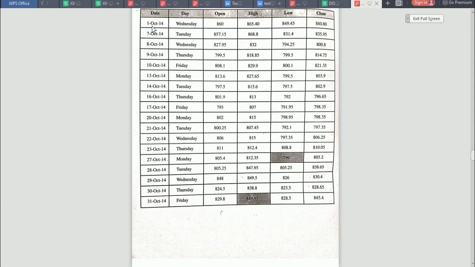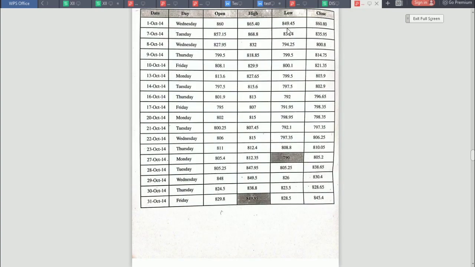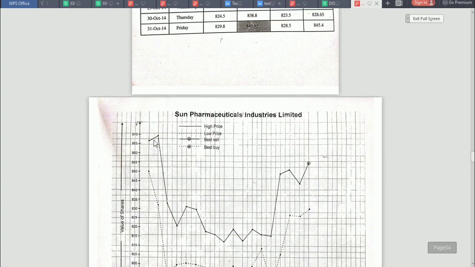So on 1st of October the high was 865.40 and the low was 849.45. These two I have to mark. So of course I have to put two line graphs, having two different sorts of lines. One I have taken as a firm line, another as a dotted line. The firm line, as given in the glossary, is of high price and the dotted line is of low price.